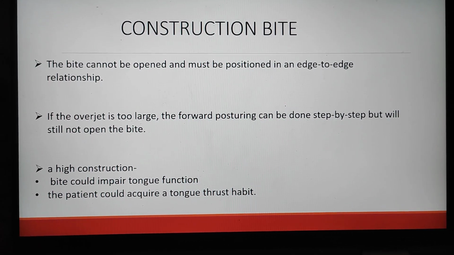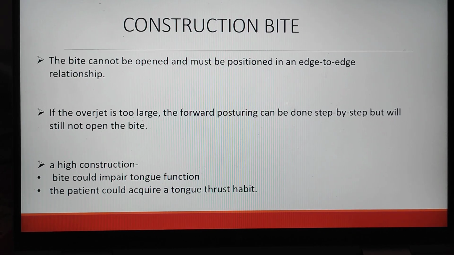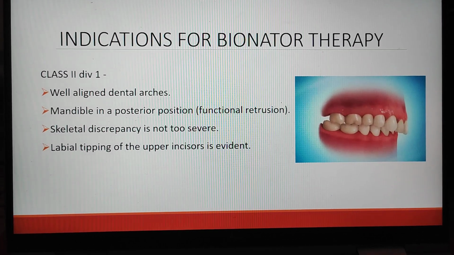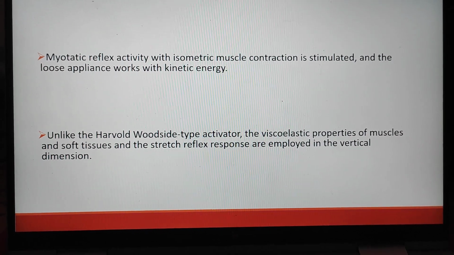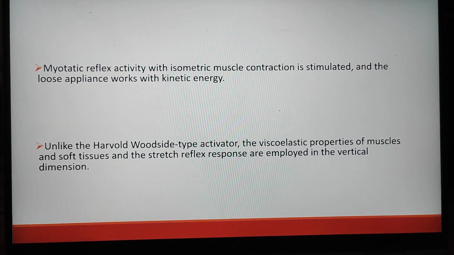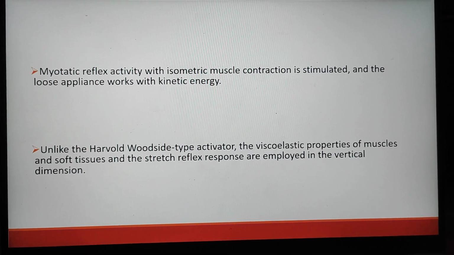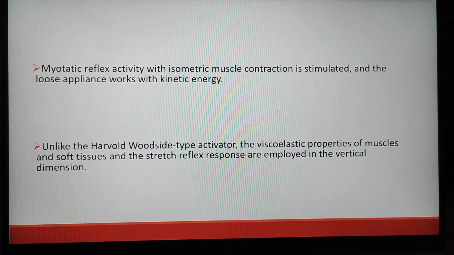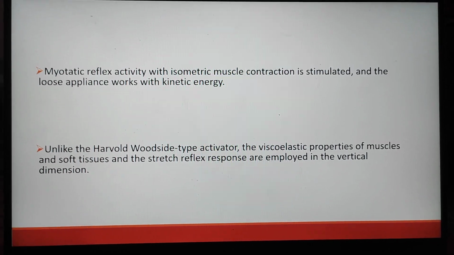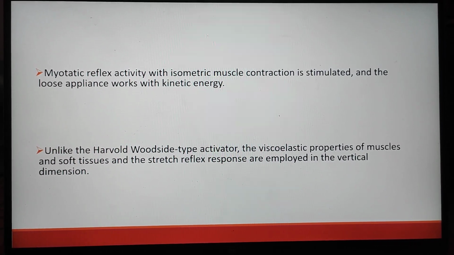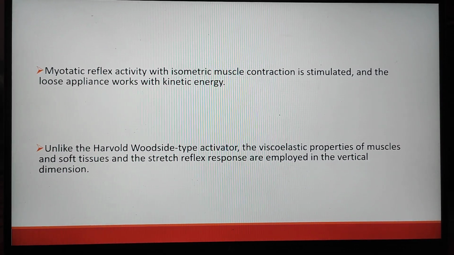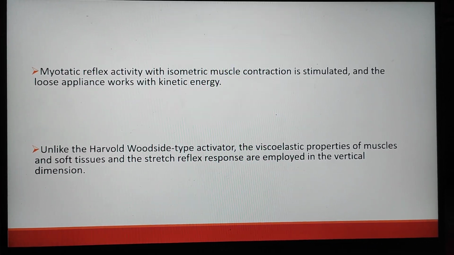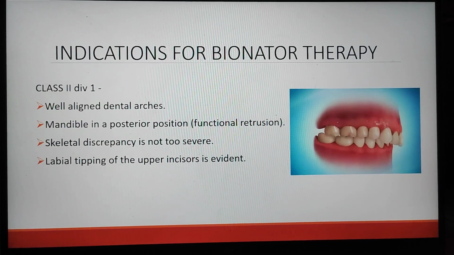First, a high bite could impair the tongue function and the patient could acquire a tongue thrust habit. The myotactic reflex activity works with the isometric muscle contraction, and the loose appliance works with the kinetic energy, since the bite is taken not beyond the postural rest position. Unlike the Harvold-Woodside activator, where the viscoelastic properties of the muscle and the soft tissue and the stretch reflex response were employed in the vertical dimension.